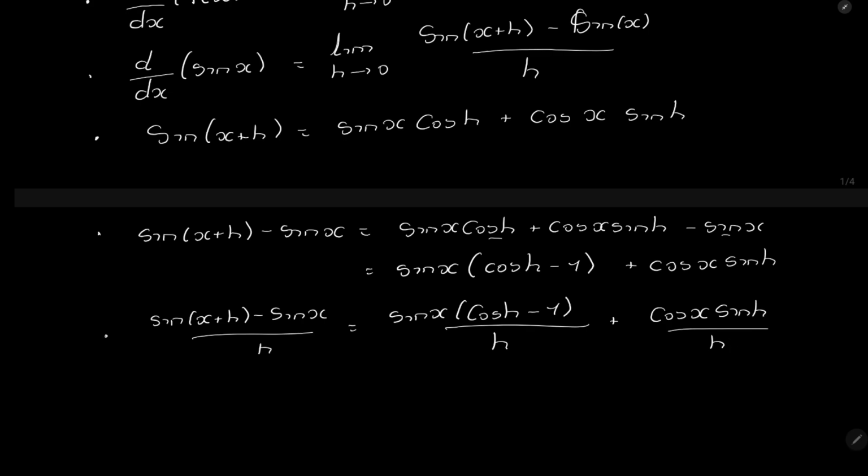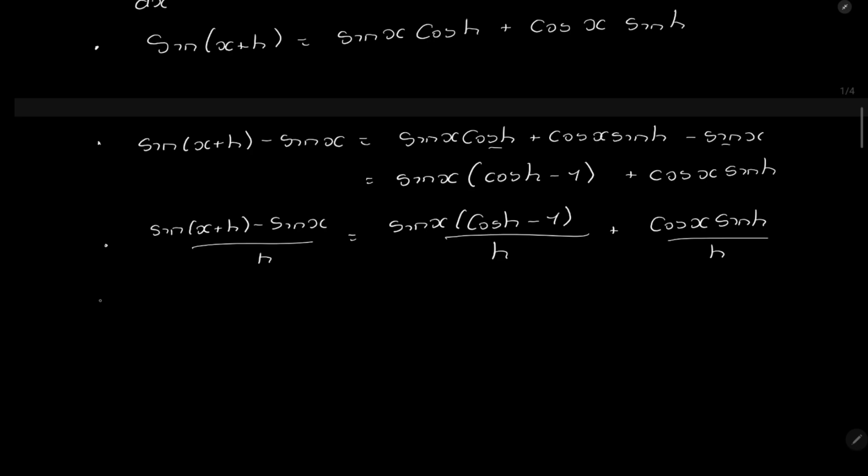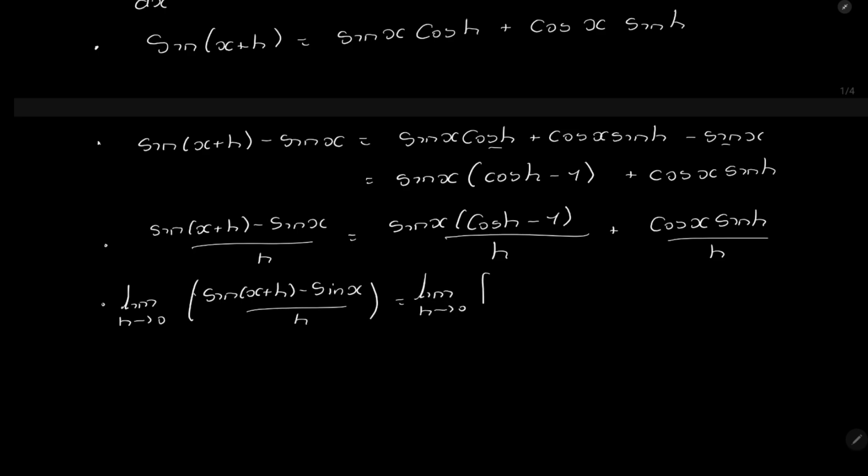Now, applying the limit to both terms, we then have the limit as h tends to 0 of sine x into cos h minus 1 divided by h plus cos x sine h divided by h.